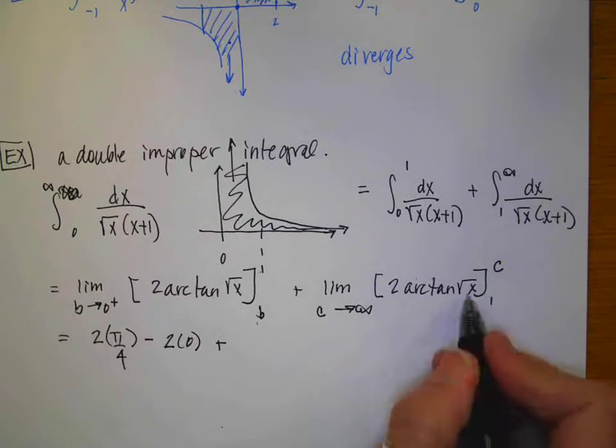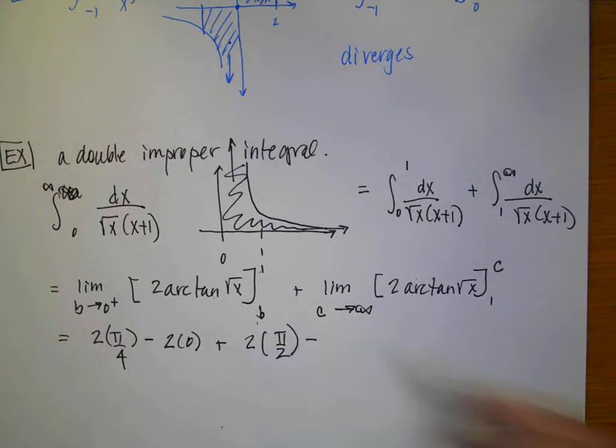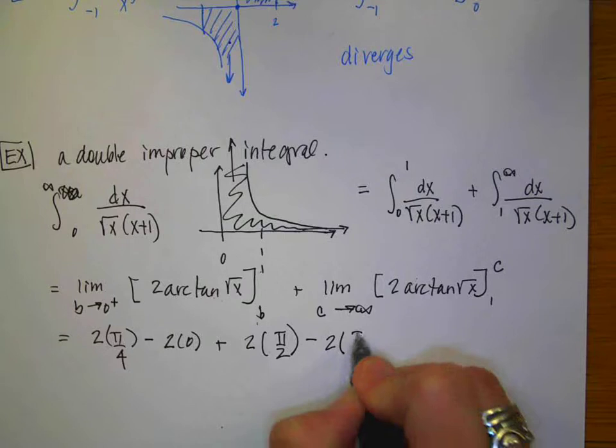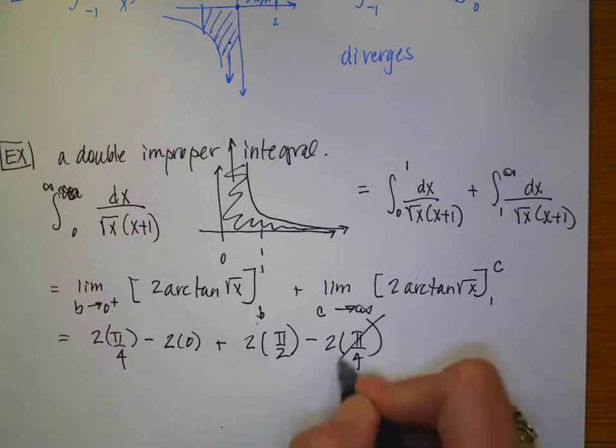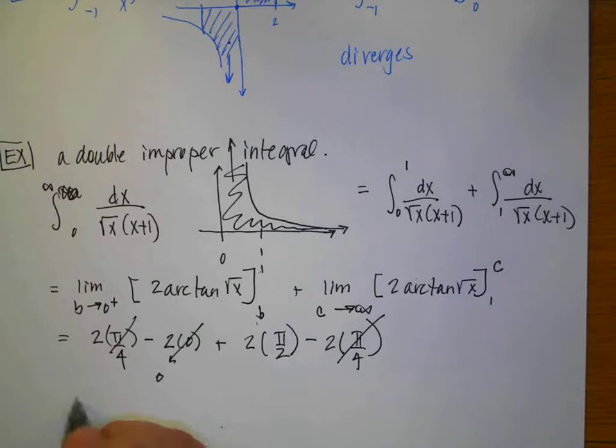As c goes to positive infinity, that means it's the biggest angle that arctangent of x could be, so I'm going to have 2 times pi over 2 minus my 2 times pi over 4. Those guys cancel. He's 0, so I get pi.